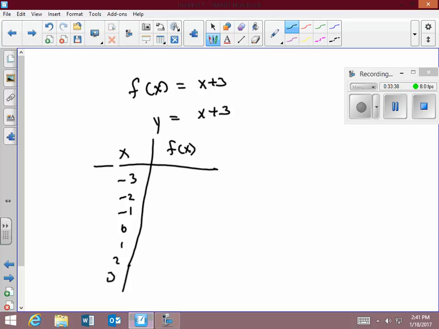And then they're telling you this, that the next thing is you plot the ordered pair x, f of x. So this would be the x value, that'd be the y, and then this would be minus 3 and whatever that f of x is over there. This over here.